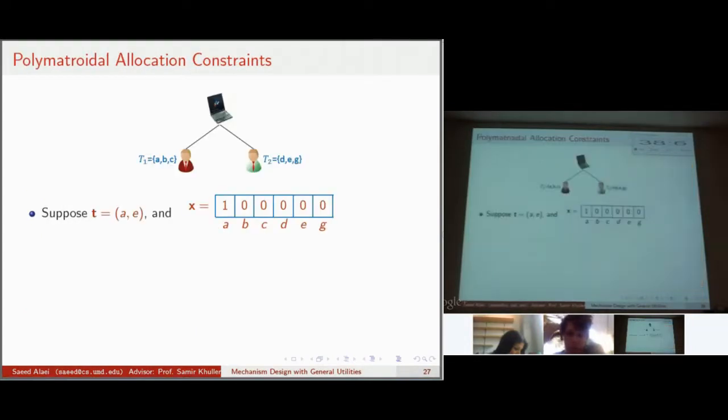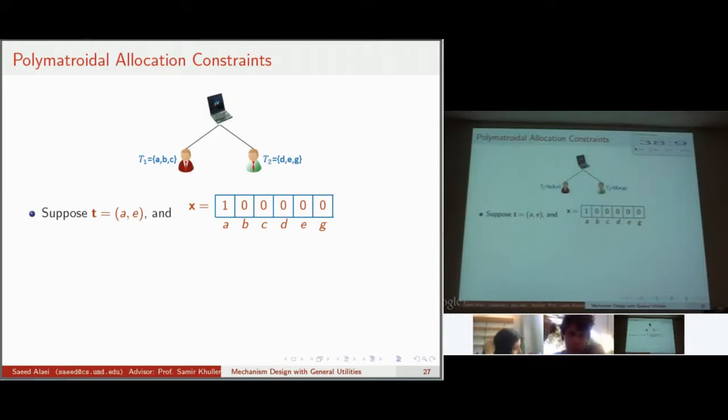space. Okay, so that was how we can optimize over general polytopes, but it's not very efficient because it uses the ellipsoid method at 2 levels. So now we show that for a large class of problems, the space of allocation rules is specified by a polymatroid.